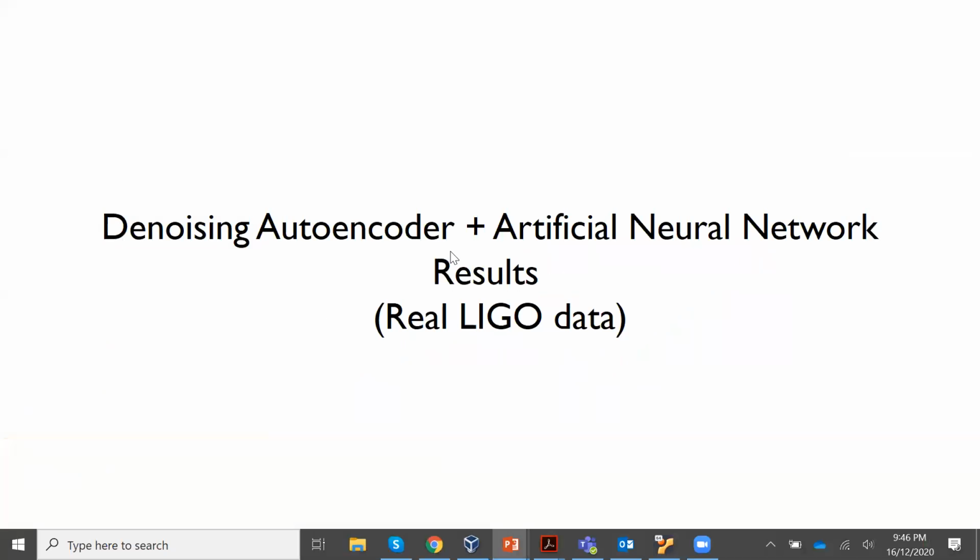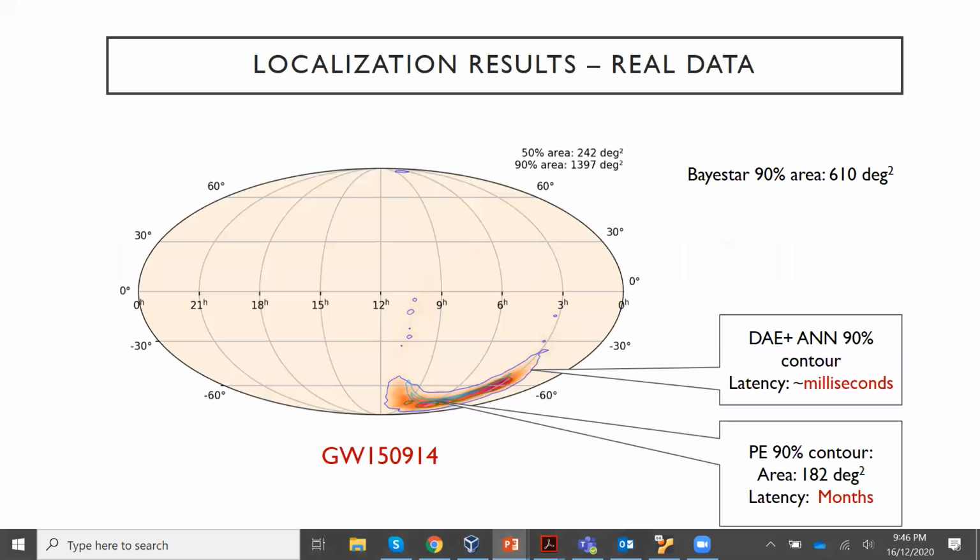Now, I'm going to describe the results that I obtained with real LIGO data for some of the actual events that LIGO had detected during the first and second observation runs. This is the result for GW150914, the very first gravitational wave event. Here is the contour that I obtained using my machine learning model, and this was obtained, of course, in milliseconds using my approach.